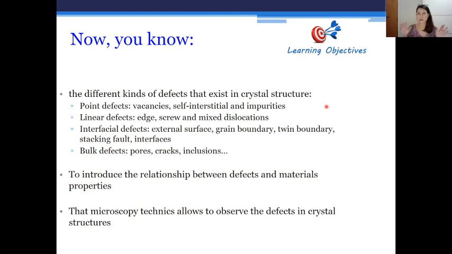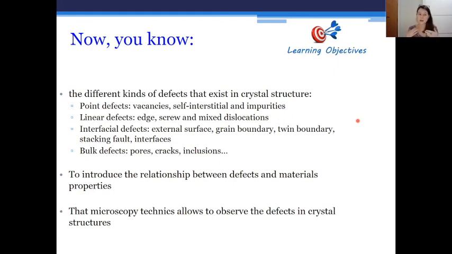And we saw that, for example, these interfacial defects are directly related to corrosion and to chemical reactivity. And finally, we introduced the bulk defects: pores, cracks, inclusions, phases, and so on.